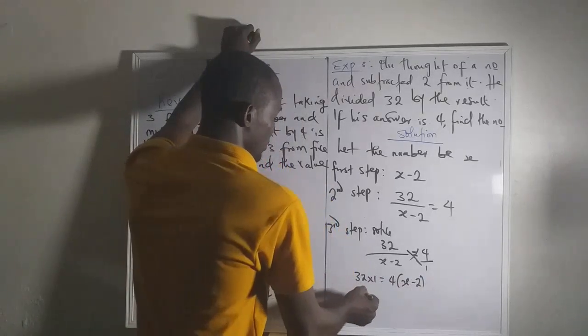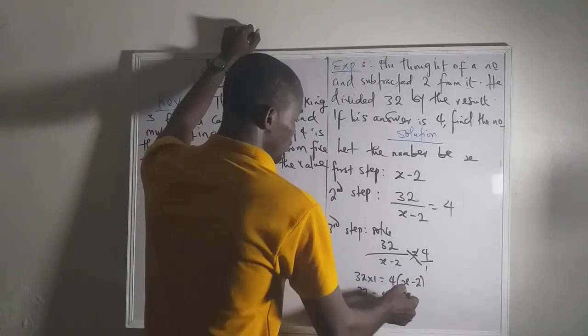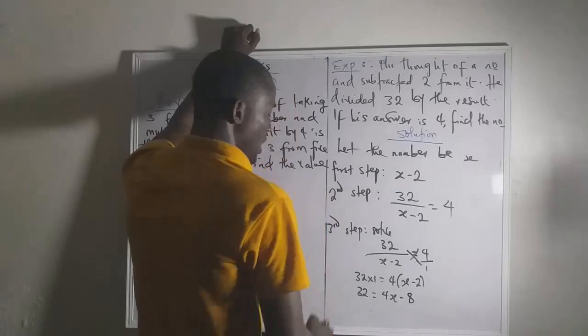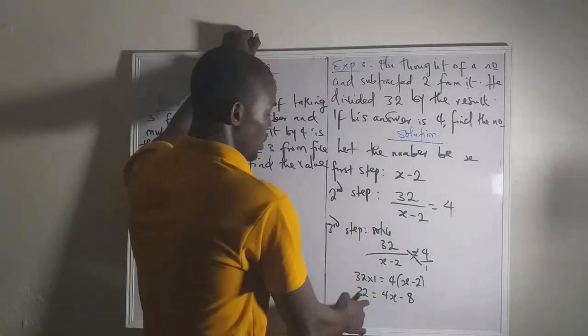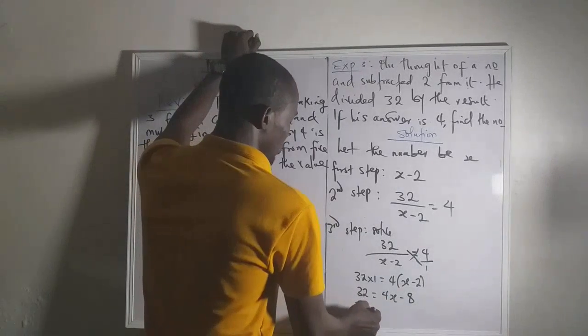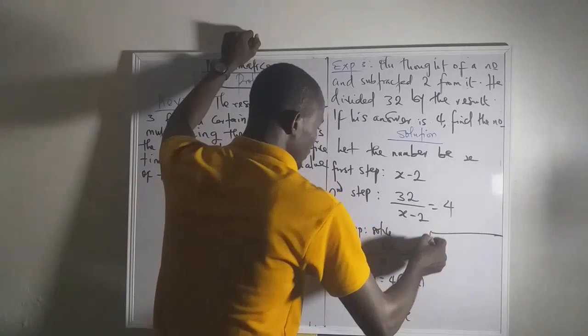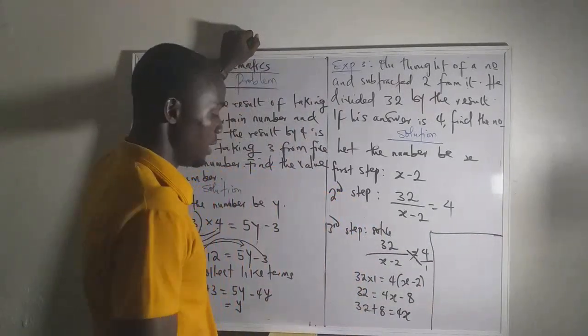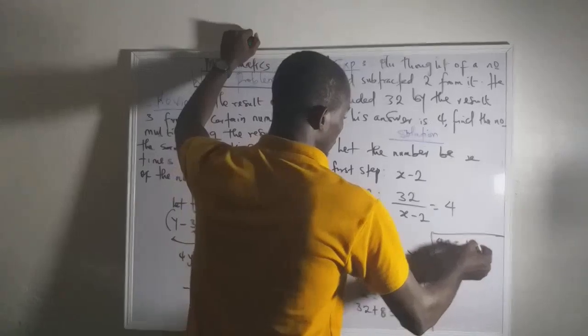This on the left hand side will be 32. This will be 4x. 4 times negative 2, that is negative 8. And by the time you collect like terms, this one is going to become 32 plus 8, and that is 4x. Now 32 plus 8 is 40 equals to 4x.